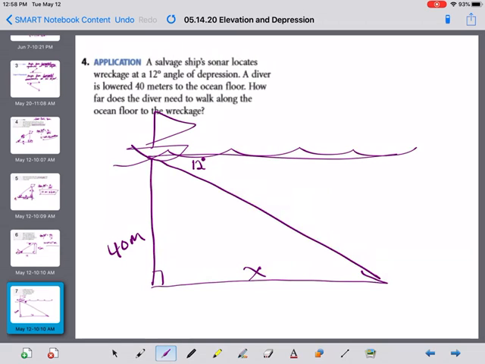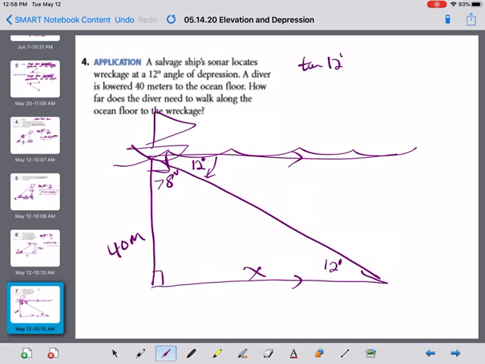So there's your picture. Remember, angle of depression is from horizontal. So you can either use alternate interior angles to say that these are equal, or you could even use the fact that these are complementary. So let's see, 78. Yep, 78. So you could use either one.